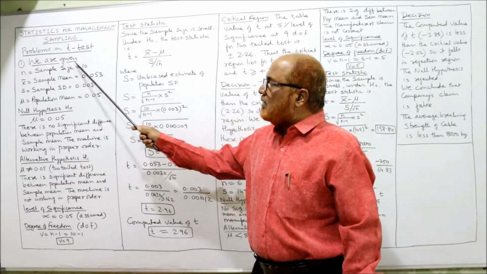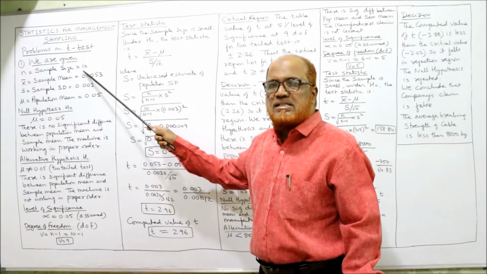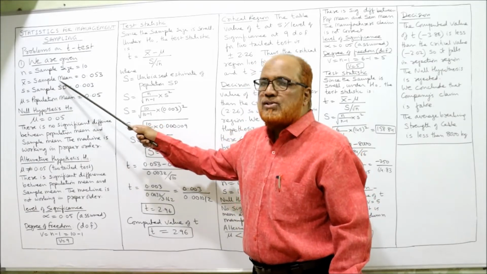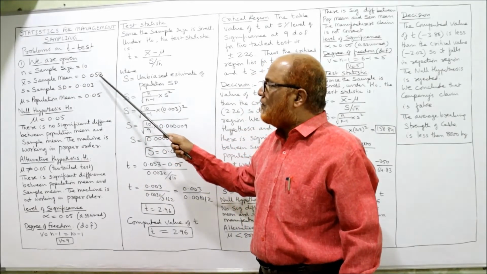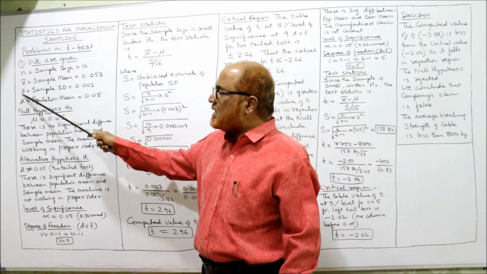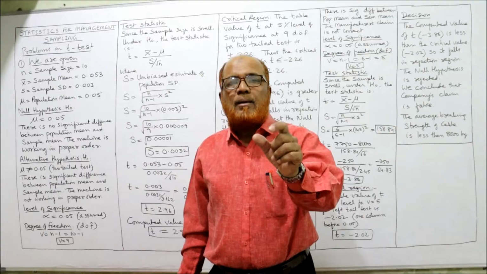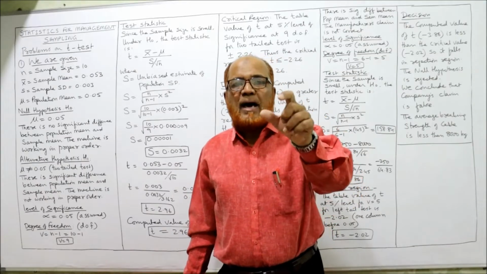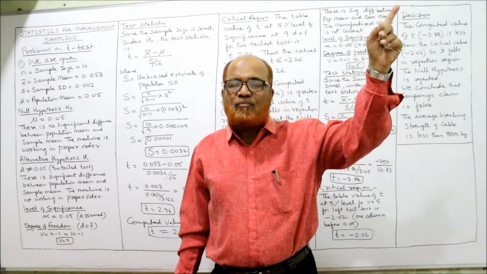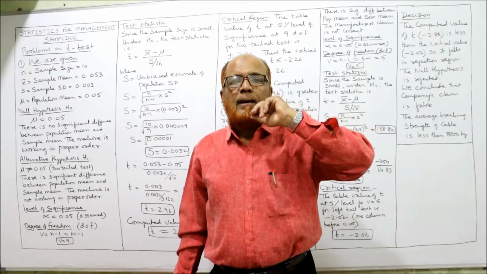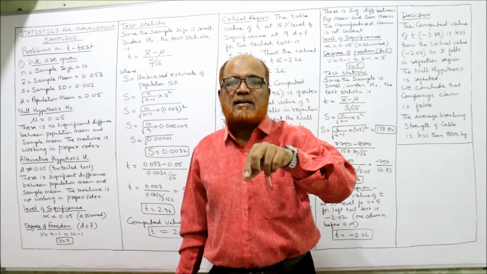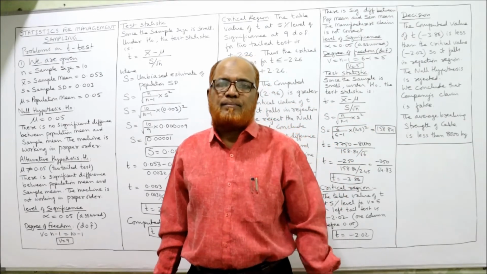Now we are given n is equal to sample size 10. X bar is equal to sample mean 0.053. Small s is the sample standard deviation. I already told you parameter and statistic. Parameter is the statistical measure of population, and sample statistic is the measure of samples.